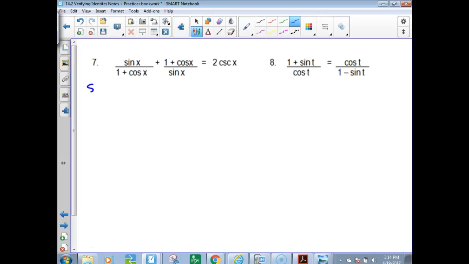So I'm going to rewrite the fraction, and I'm going to put parentheses around my denominator. And I'm going to multiply it top and bottom by the sine of x. Don't distribute. I'm giving you a little hint. The second fraction, I'm going to rewrite.